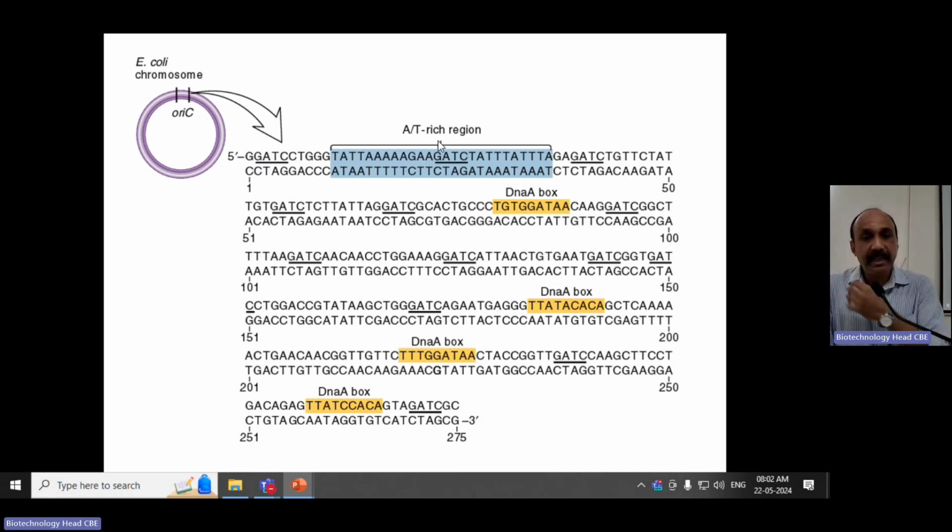The DNA sequence is numbered starting from the 5' end, from nucleotide 1 onward. Here you have the AT-rich region, TA, TA, TA, and the DnaA boxes, again a consensus sequence, TGTGGATAA and so on. This type of sequence is common in all organisms, and these sequences will be recognized by the DnaA protein.